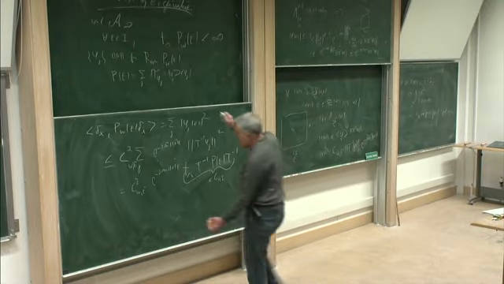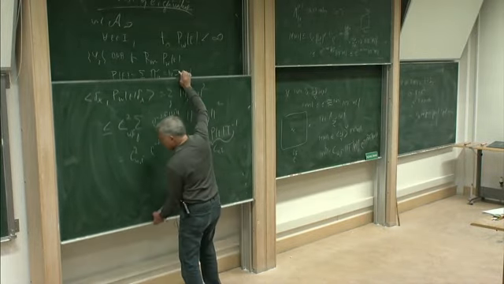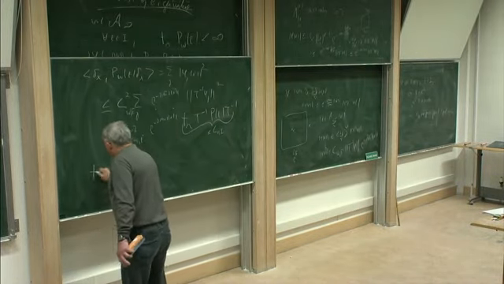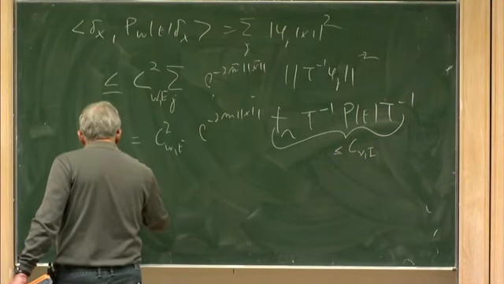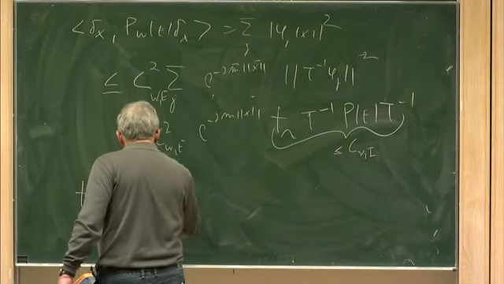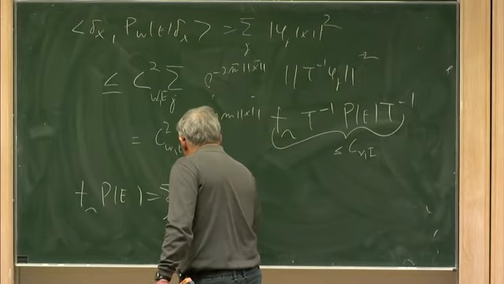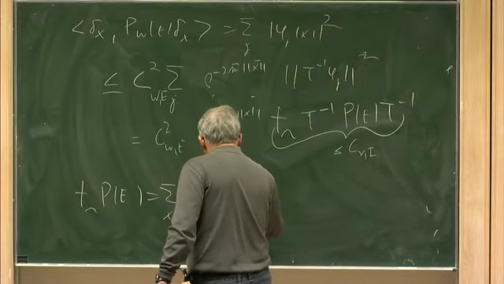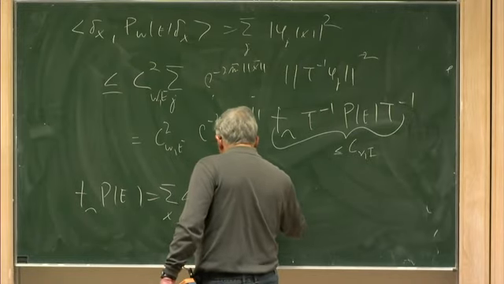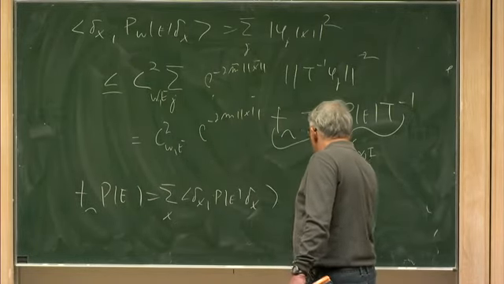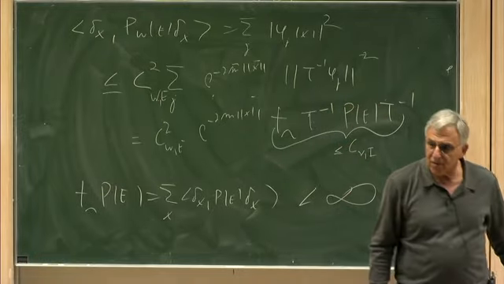And once you have that, I come here, I write the trace of P of E. This is the summation in x of delta_x, P of E, delta_x. I use this estimate. This is finite.